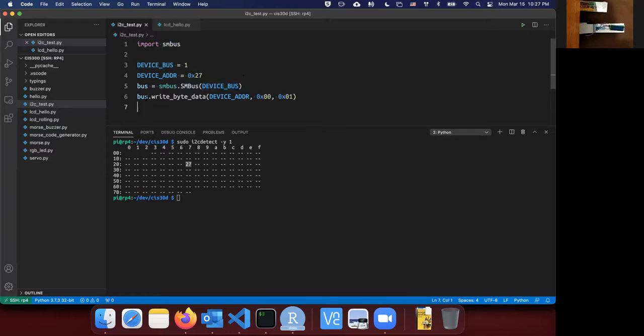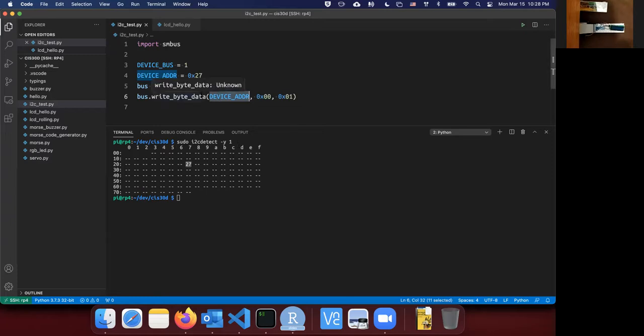And then you can use this bus object to write data. So here we say we're gonna write a byte of data and send that data to this address, and this address represents that device.